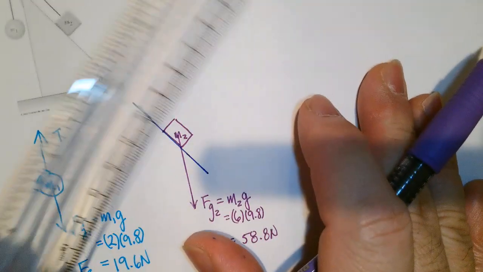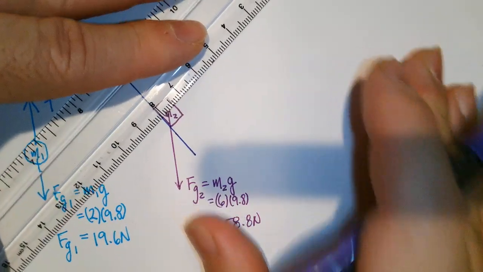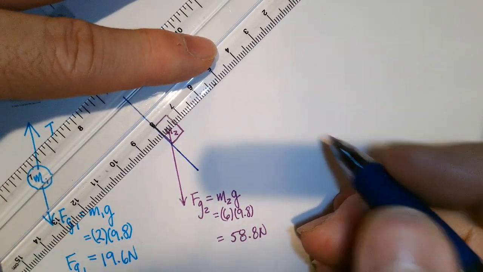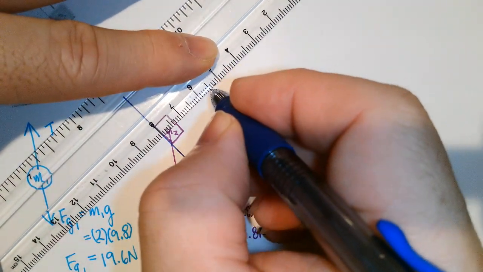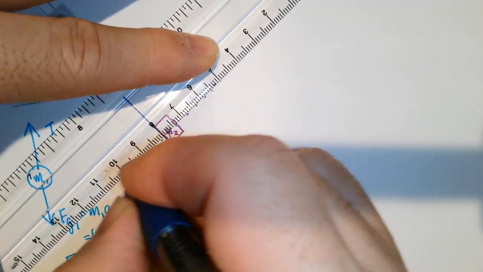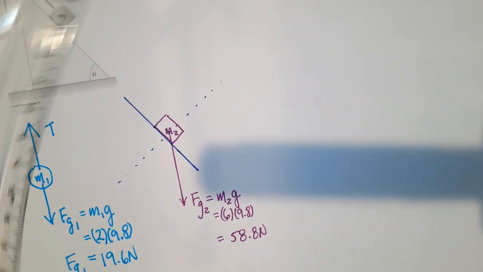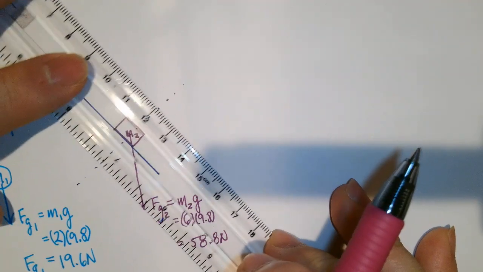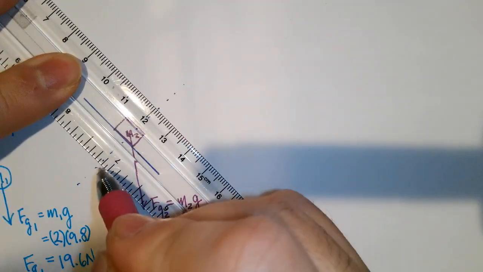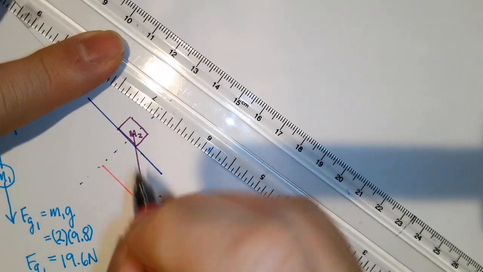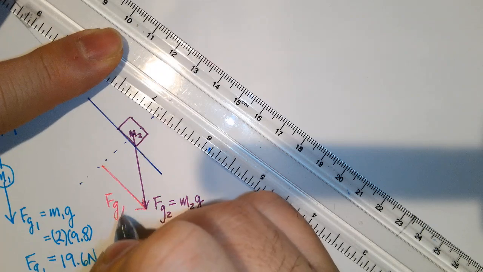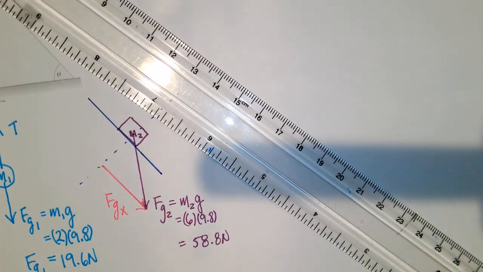All right. So here, if I draw out the perpendicular axis on this, it is the FG parallel, or FGX, that we have to really figure out.